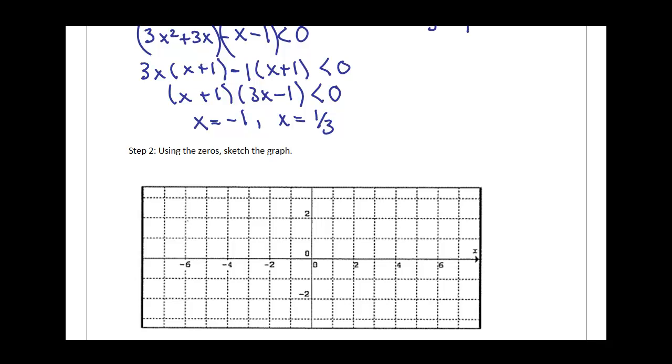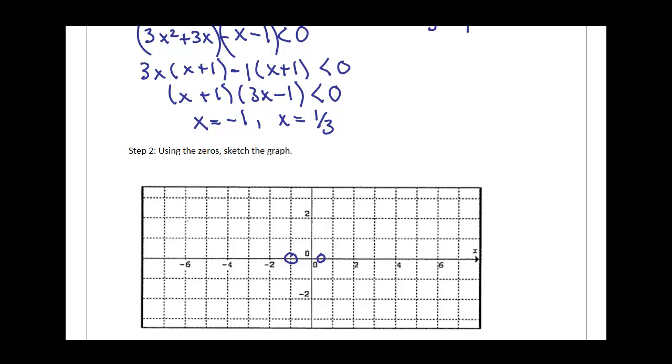So that means that it's not including when it is equal to 0. So instead of filling in dots at our roots here of negative 1 and 1/3, we're going to have open dots. So I'm going to draw an open dot at negative 1 and 0 and 1/3 and 0, which is probably around here. And those are our x-intercepts, our roots. But they are open because we're not including them in our solution.